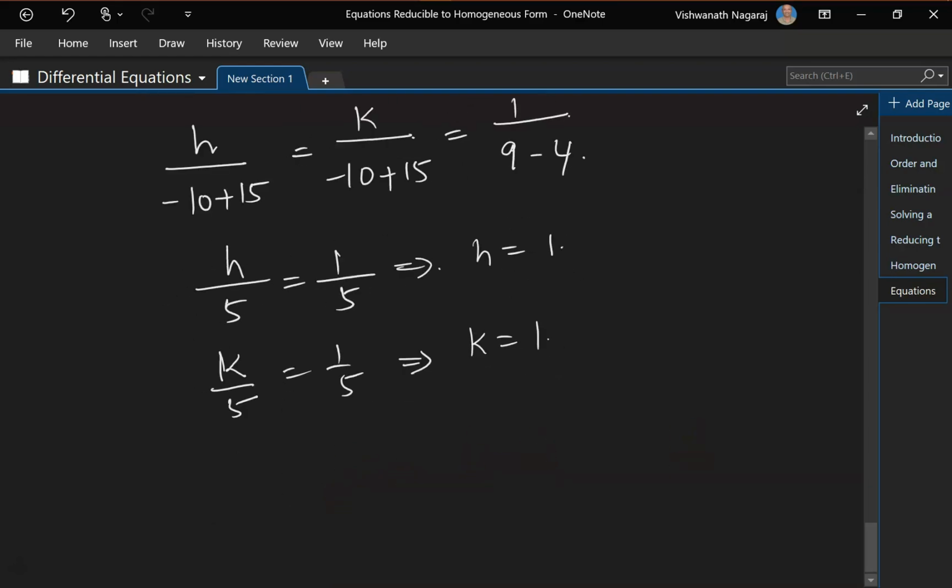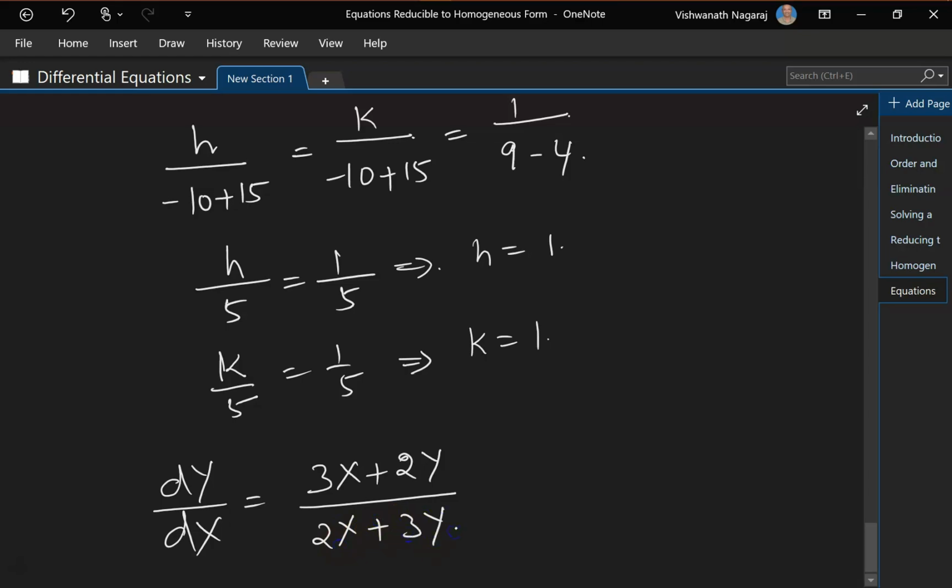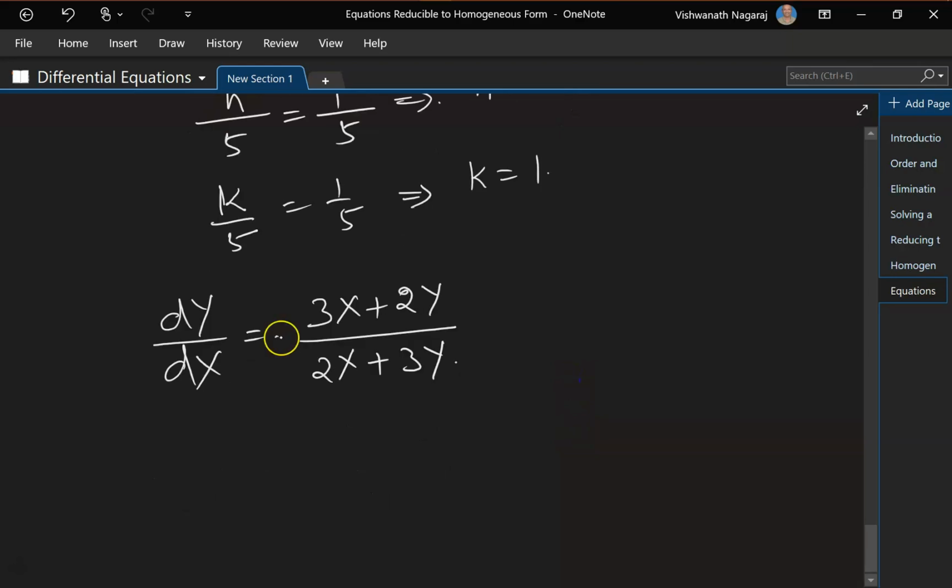So that means in our equation dy by dx is equal to 3x plus 2y by 2x plus 3y. The other part is gone. And by the way, don't forget there is a minus sign here. Now it is in variable separable form. So let's say y is equal to vx.